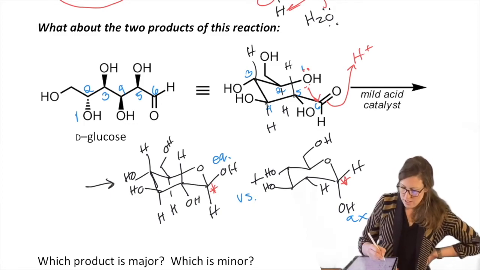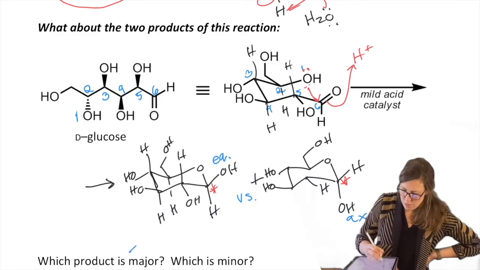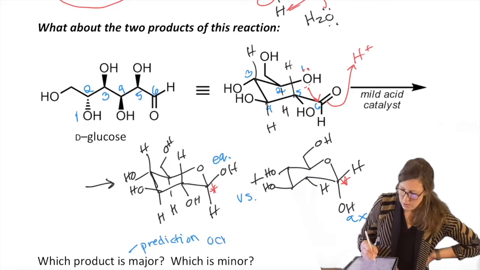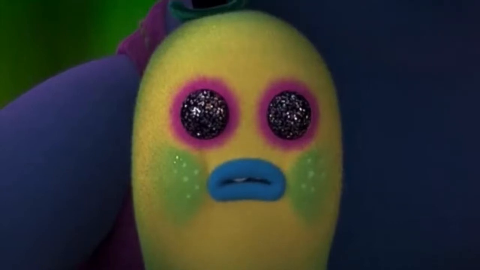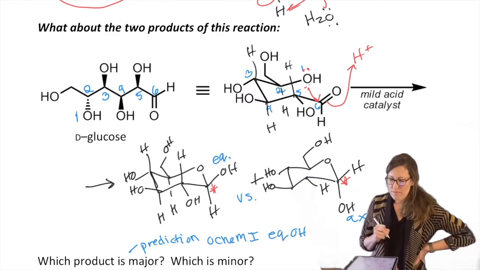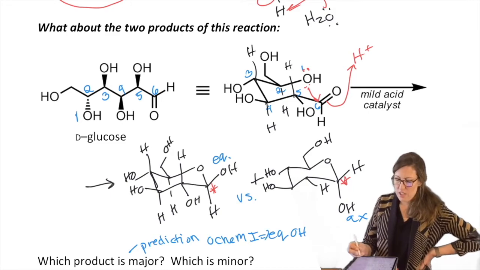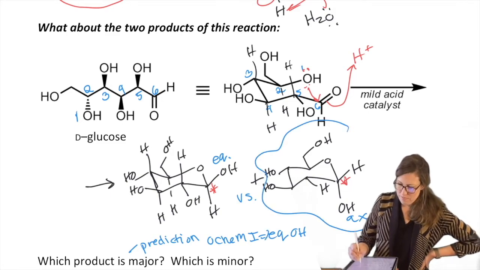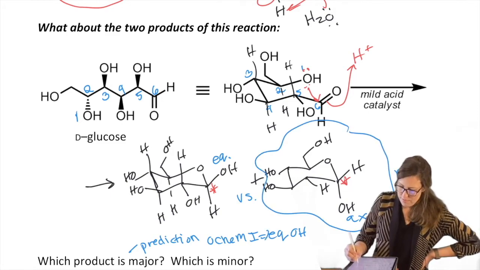Okay, so which is major? Your prediction, and this is OChem 1, which means you know it's not right. Oh, snap. Otherwise I wouldn't harp on this. Is it equatorial OH? Turns out this is major.